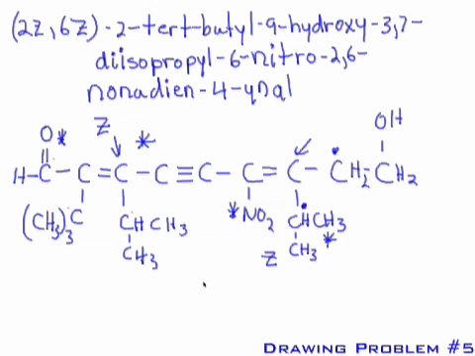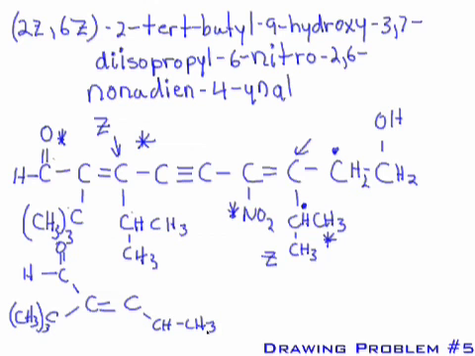Or I might want to clean it up a bit when I copy it, and I might draw it this way. For example, I might say, okay, I'm going to put a double bond OH here, and the tert-butyl, leave the CH3s in brackets, put the double bond here, have my methyls, running out of room.